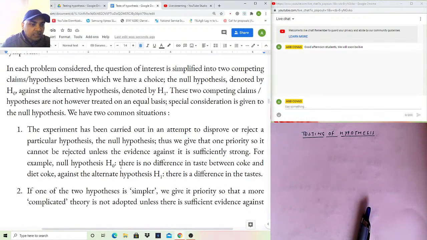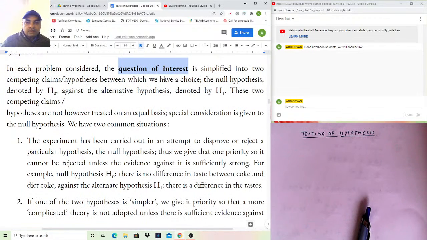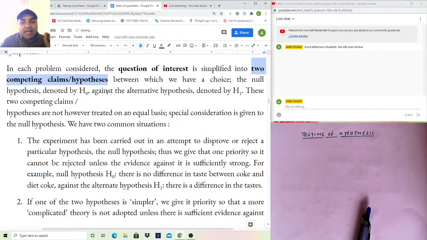Okay, so in each problem, the question of interest is simplified into two competing claims or hypotheses, between which we have a choice.